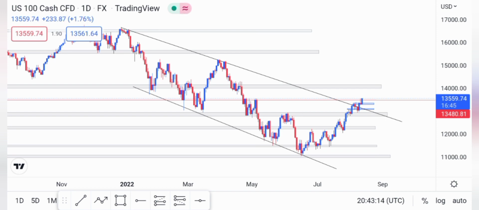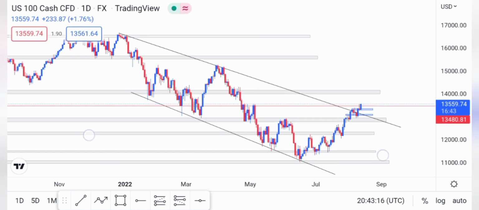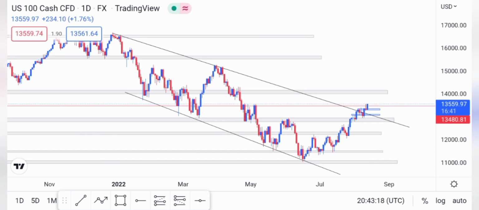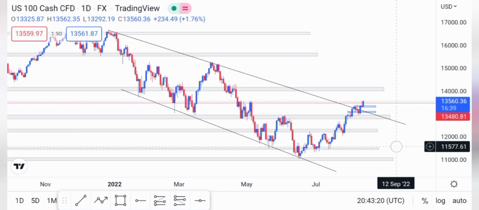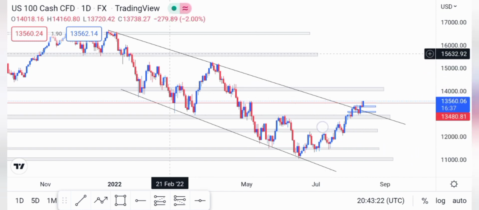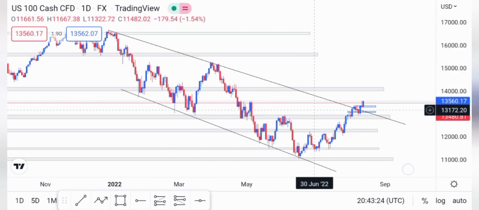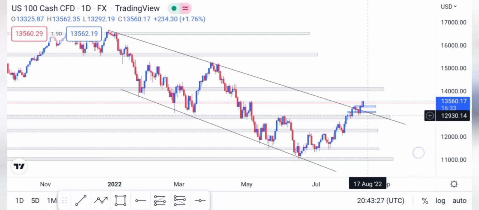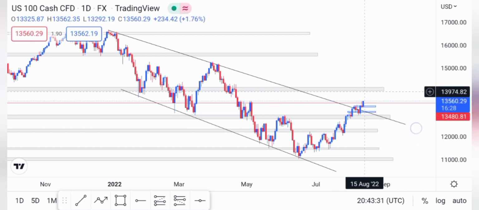So okay, this is what we have on the daily time frame. Currently we can see from this point over here, NAS100 failed to push the downward side from this area. So this means now you're going to push to the upper side.